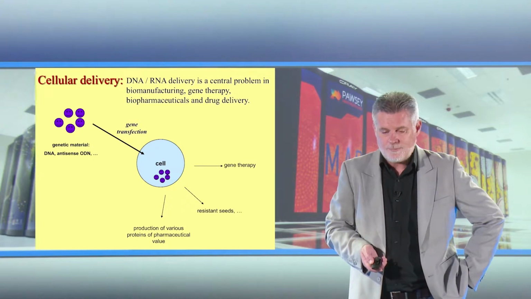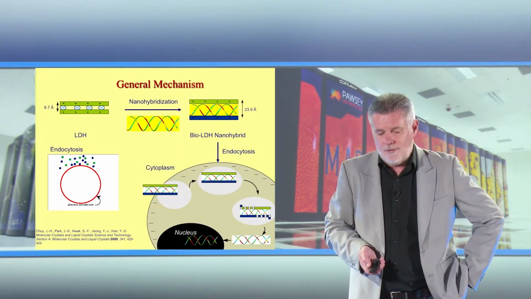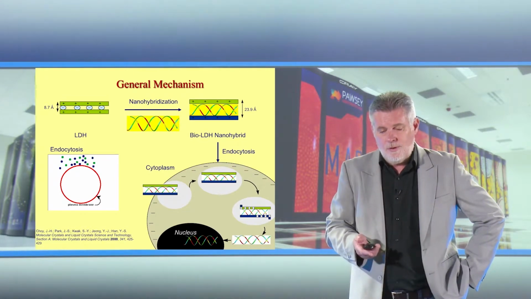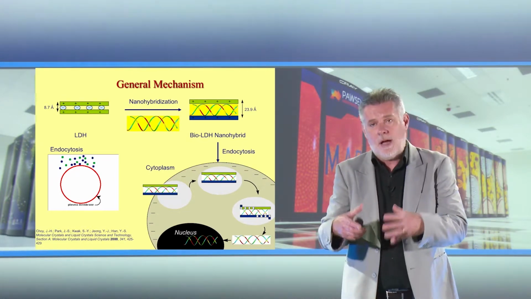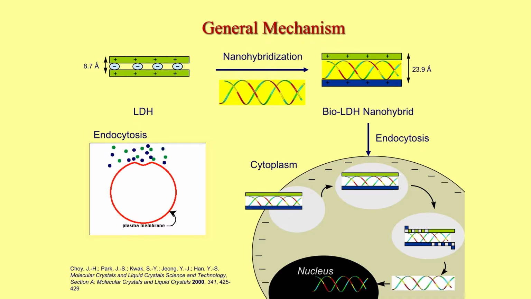The general mechanism for this process is that the complex of the carrier system and the drug nestles up to the cell membrane. It gets absorbed in through endocytosis and then released ultimately inside the cytoplasm of the cell through endosomal breakdown. That's the traditional and most well understood mechanism, perhaps we should say.